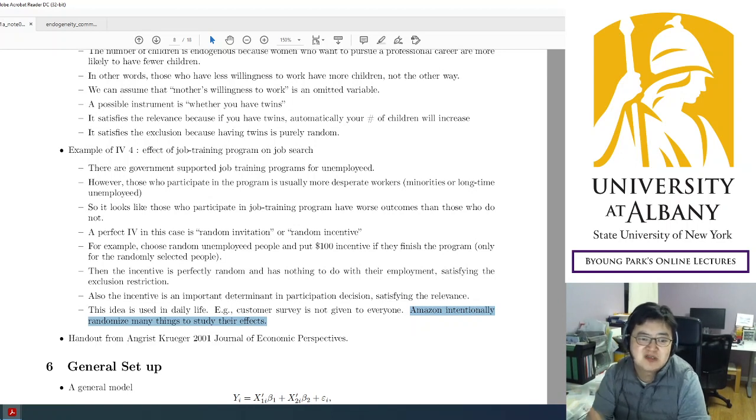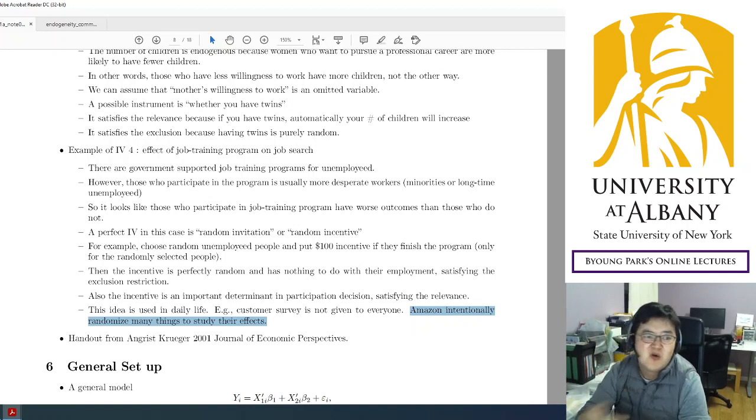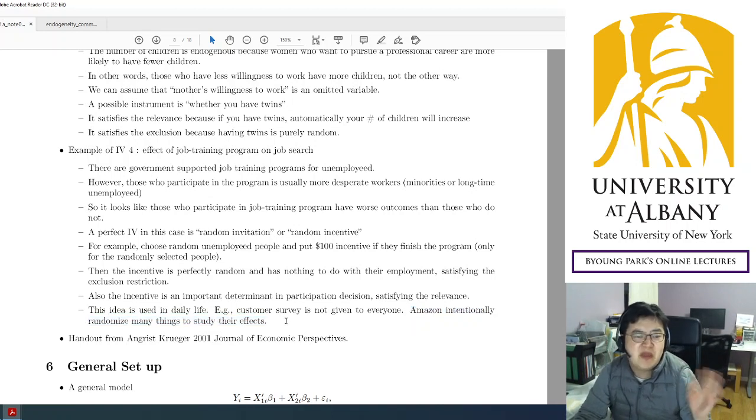Or they know some transactions are fraud, but they intentionally ignore that to see what's the behavioral pattern of those frauds. And there will be many more things used in your life without your notice.